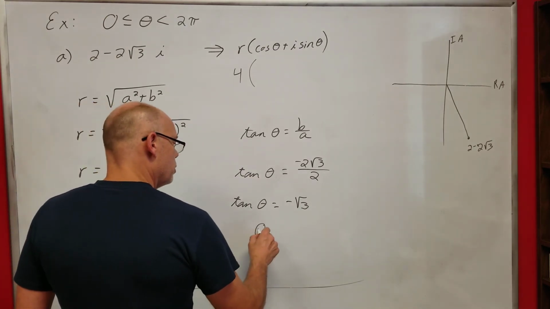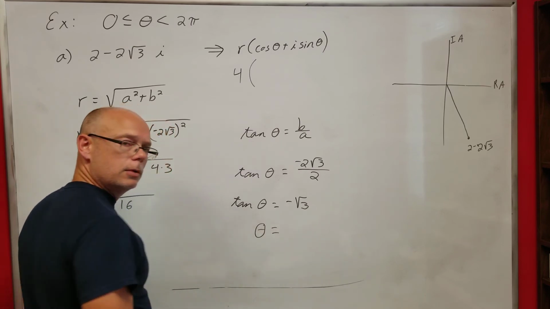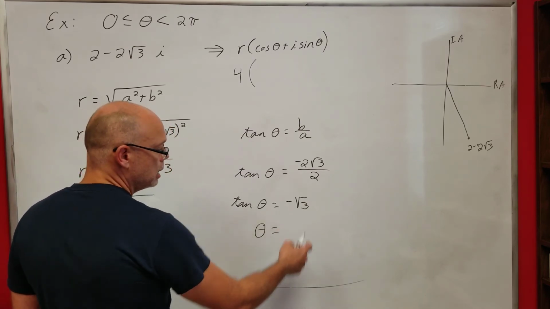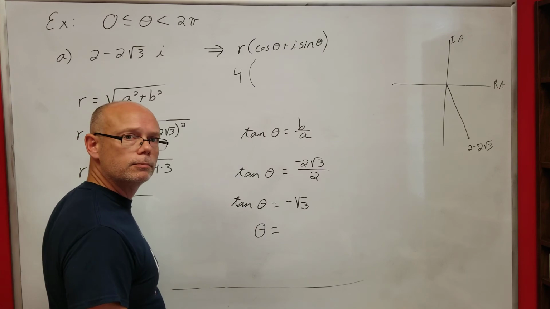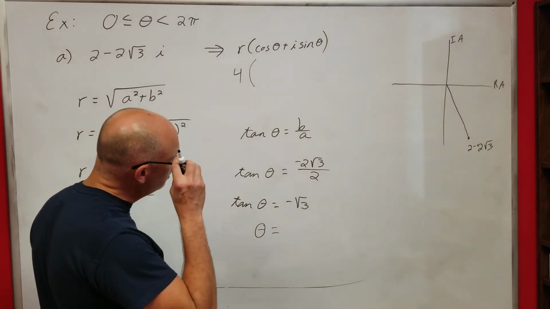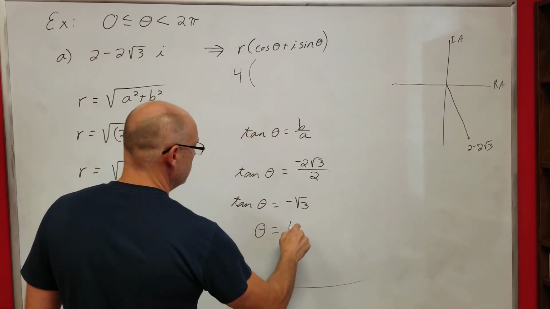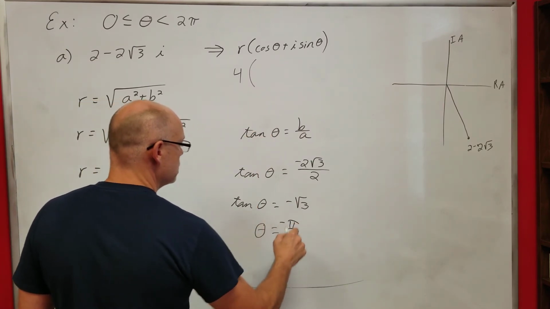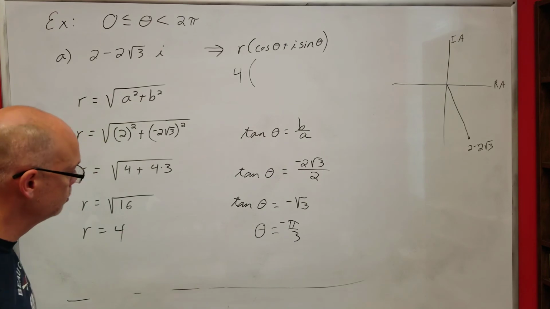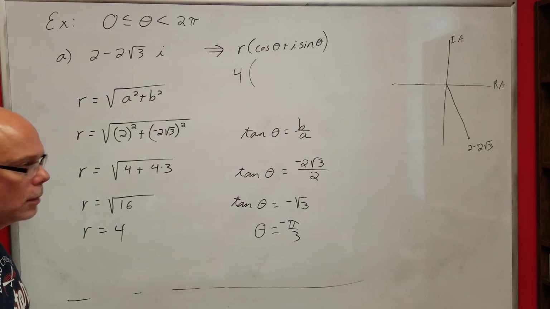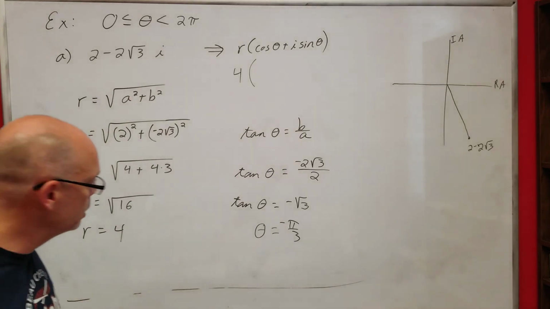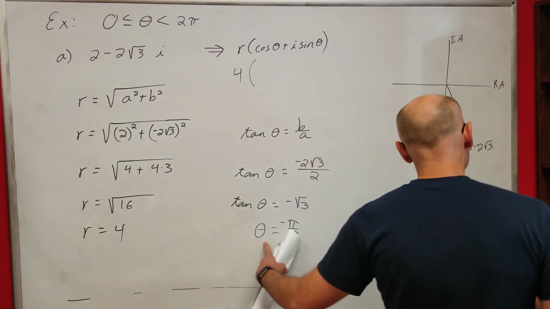Let me think about that. What angle is that then? Theta is equal to, where do I have a tangent that is a square root of 3? Let's see, pi over 3, right? Pi over 3 radians. And technically it's a negative. Now, what did I just find when I found the theta value right here?